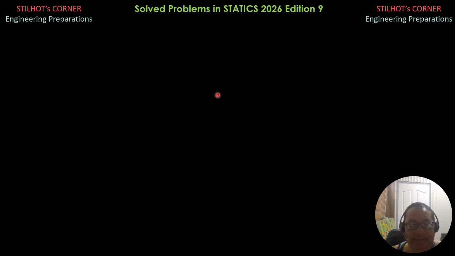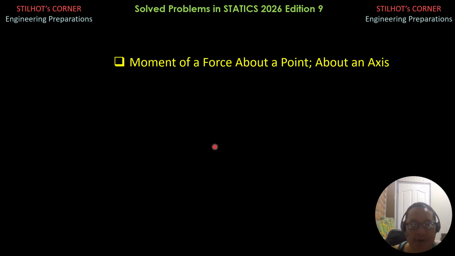and the perpendicular distance between that axis and the force, or simply in general the distance between two lines, where one line would be the line where the force is directed to, and the second one is the axis.